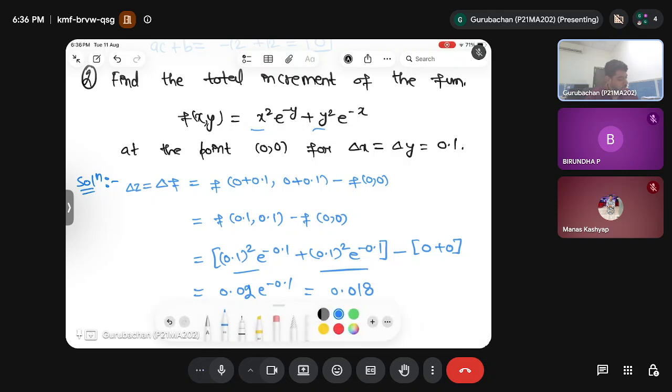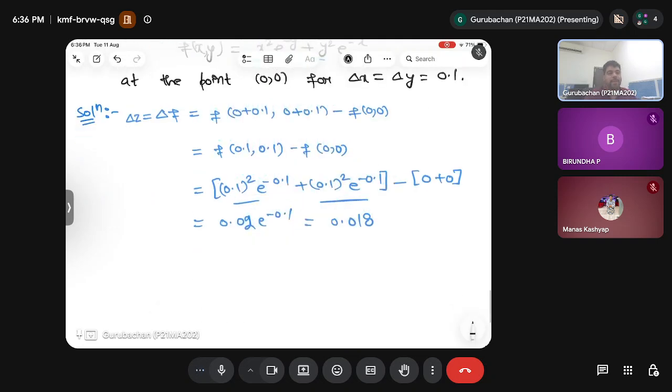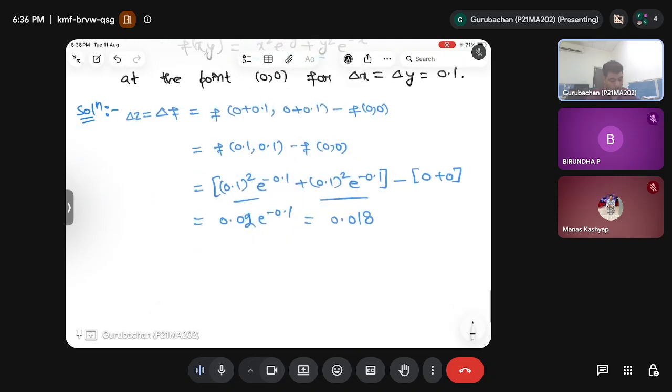Now, as we have discussed differentiability, let us see how we can apply it to a given function of two variables.